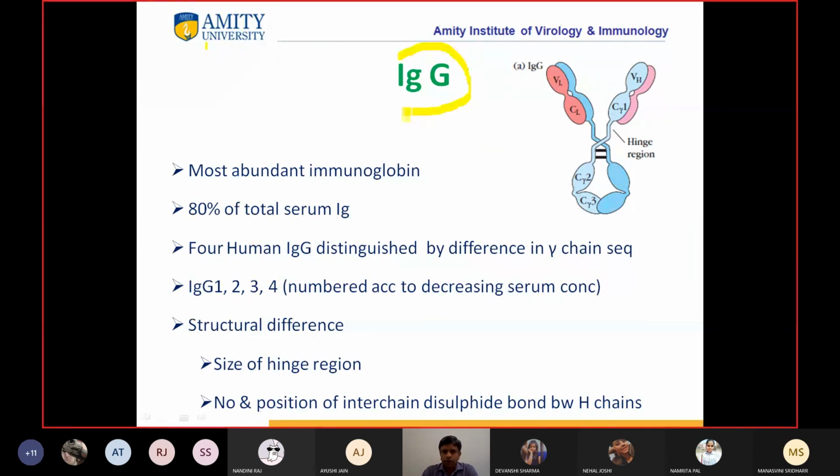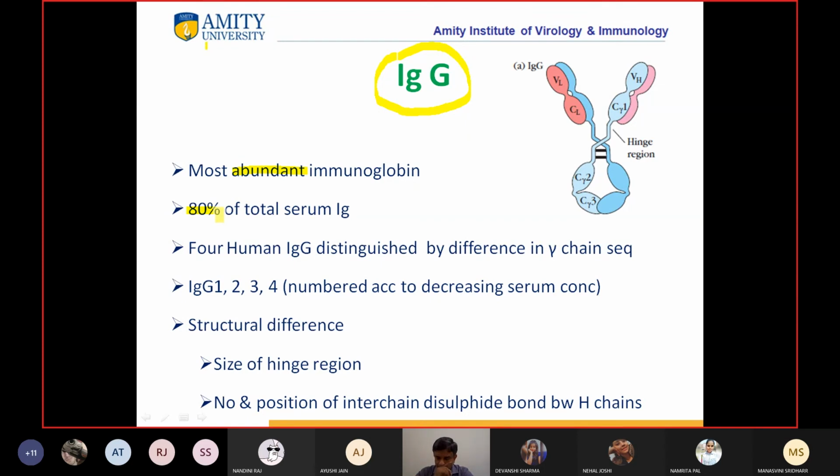It's the most abundant immunoglobulin in our system. Just imagine, 80% of the total serum immunoglobulin is IgG, right? So there are 5 classes, and out of 5, 80% is IgG.